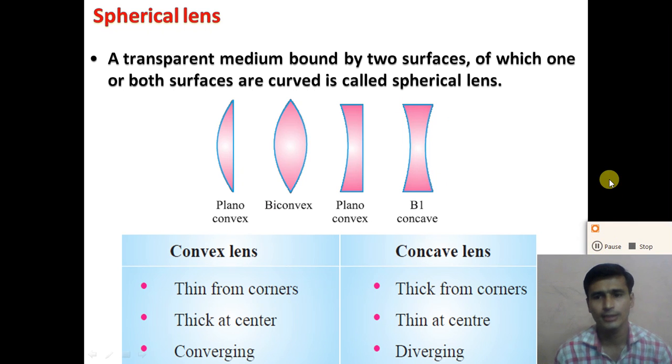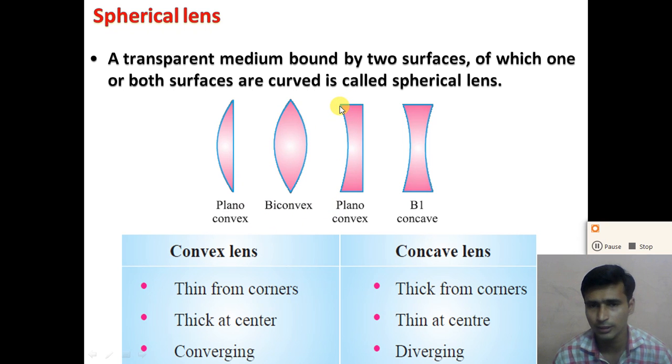So dear student, understand all four types of spherical lens. When one surface is curved outward and the other is a plane, it is called a plano-convex lens. If both surfaces are curved outward, it is called a biconvex lens or simple convex lens.